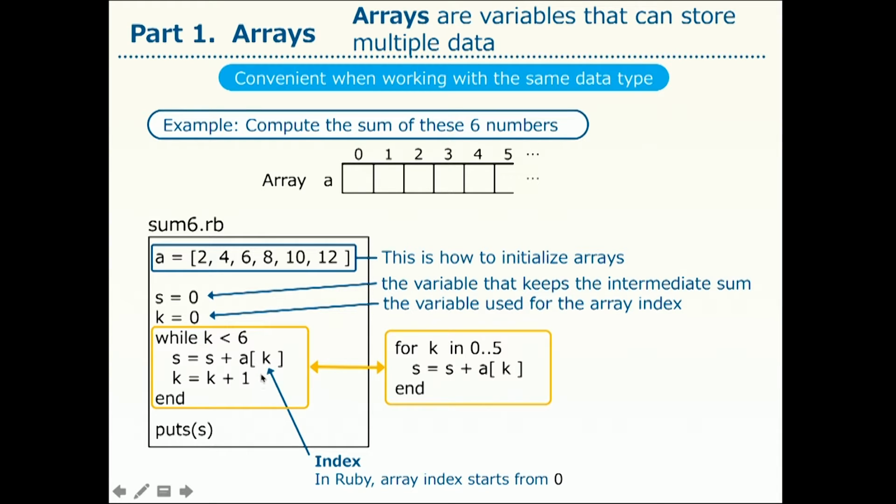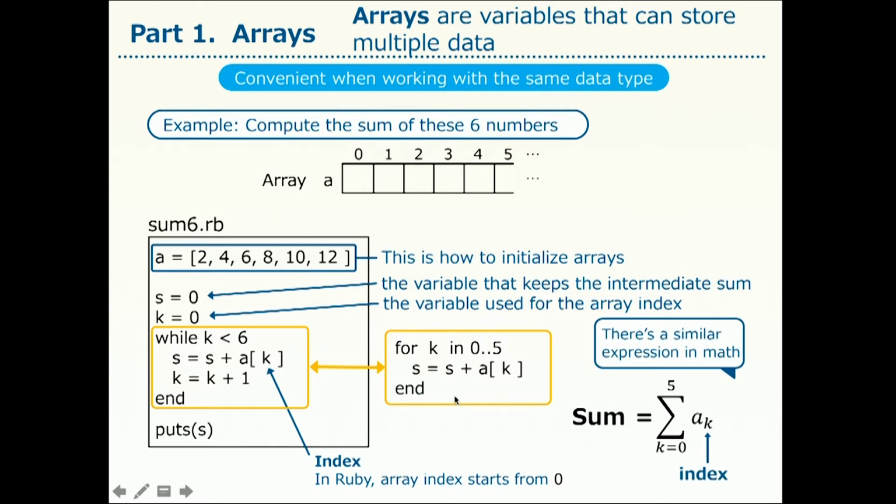This can also be written with a for statement that we learned before. This lets you write it more compactly. Writing the sum in this way is actually similar to a mathematical expression. When defining a sum in this way, you can also write it with a sigma.